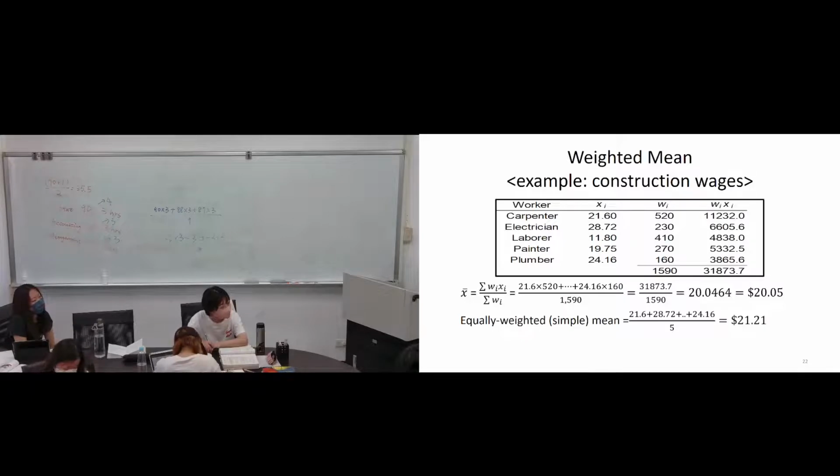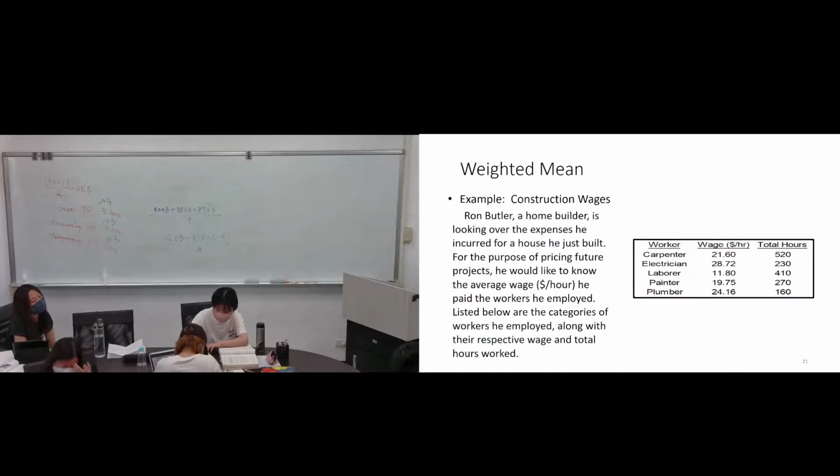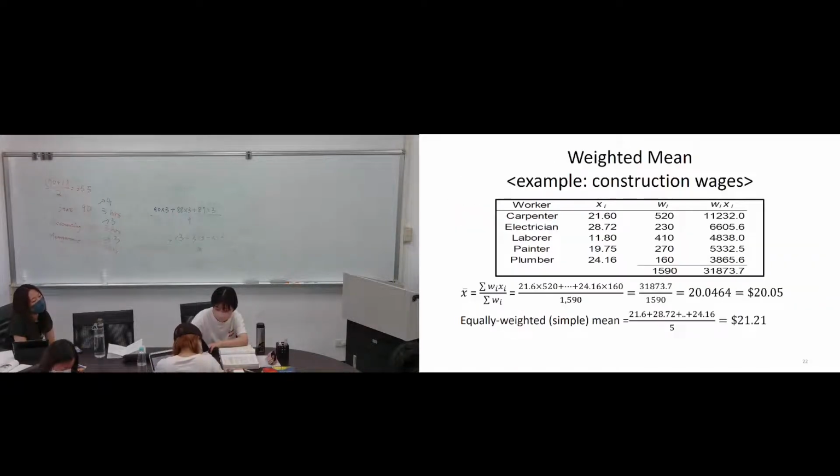So to help Ron calculate the weighted mean, the carpenter's hourly wage is 21.60. The weight represents the total hours, which is 520 hours. So we multiply both. And for the electrician, $28.72 multiplied by 230.